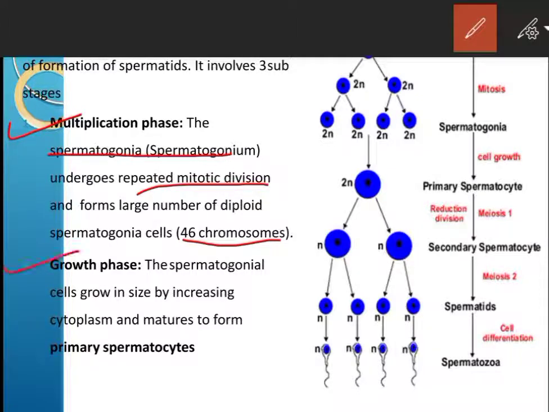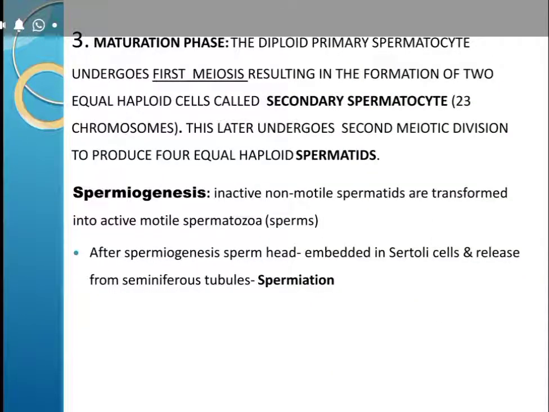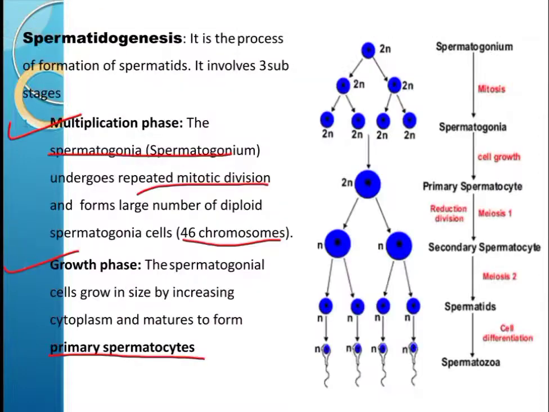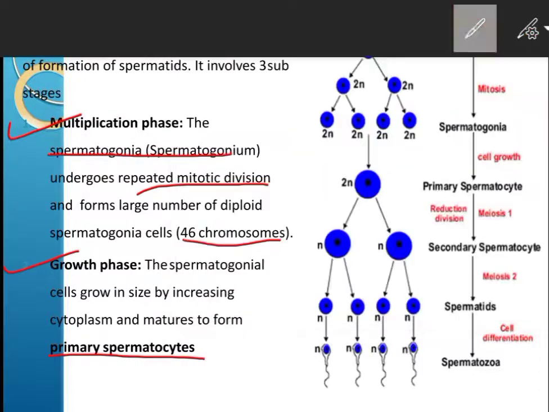Then the second phase, that is the growth phase. Some of the spermatogonia differentiate to primary spermatocytes. You can see it in this figure.